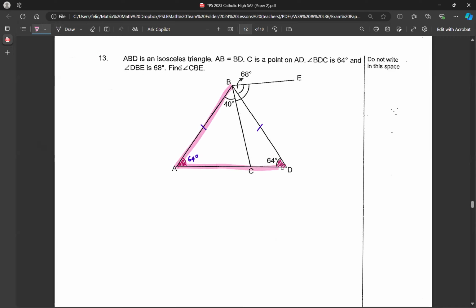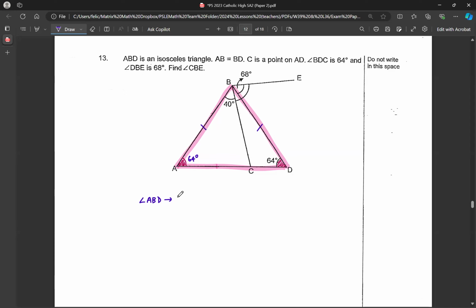Look at the three corners in that triangle. I already have two of the corners colored in pink here, 64, 64. Now I'm just left with the third corner, which is angle ABD. You need to learn how to name the angle because this will be crucial in your labeling of steps. Some schools deduct half a mark when you don't label this angle. So I'm trying to find angle ABD, this angle here.